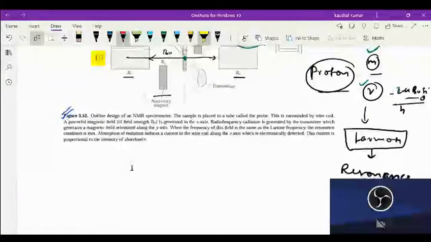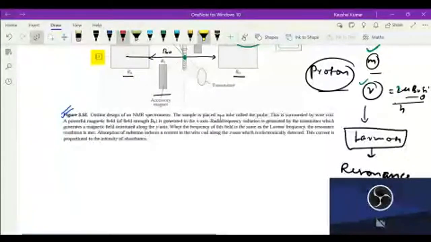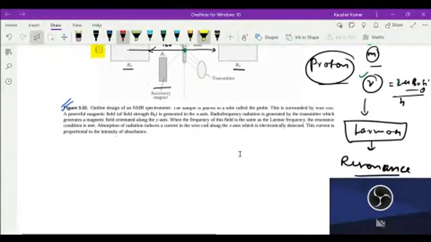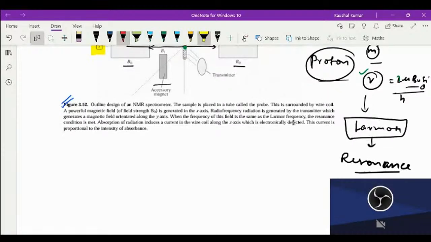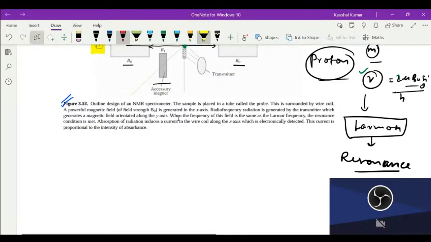I would ask someone to read this if I was taking an online Google Meet class, but I will read it for you. Outline design of NMR spectrometer. The sample is placed in a tube called the probe. This is surrounded by a wire coil, and a powerful magnetic field B0 is generated along the x-axis. Radio frequency radiation is generated by the transmitter, which generates a magnetic field oriented along the y-axis.